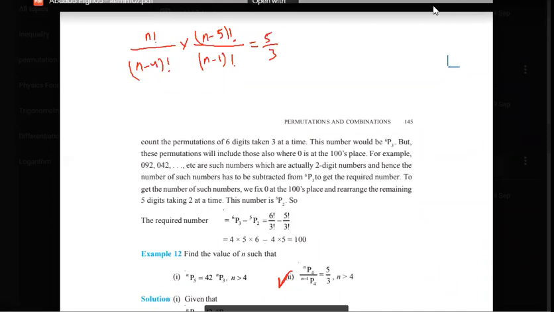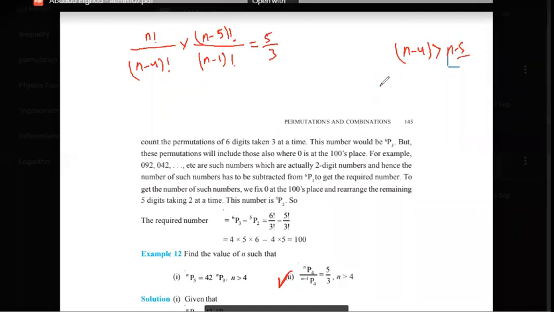No, Prahlad, you have to know which is bigger and which is smaller. Among n minus 5 and n minus 4, which is bigger? n minus 4 is bigger than n minus 5.